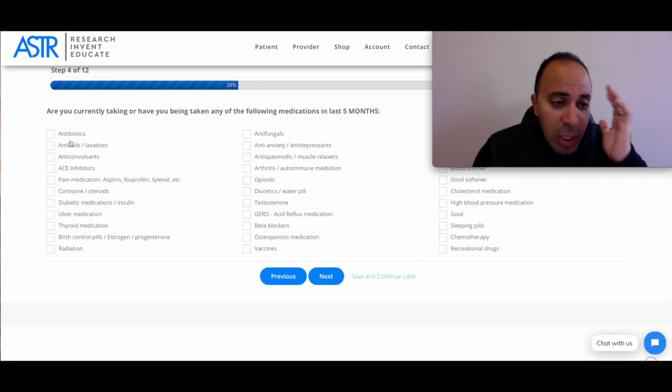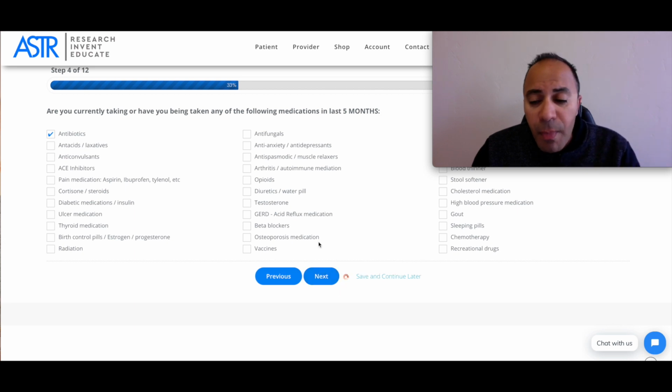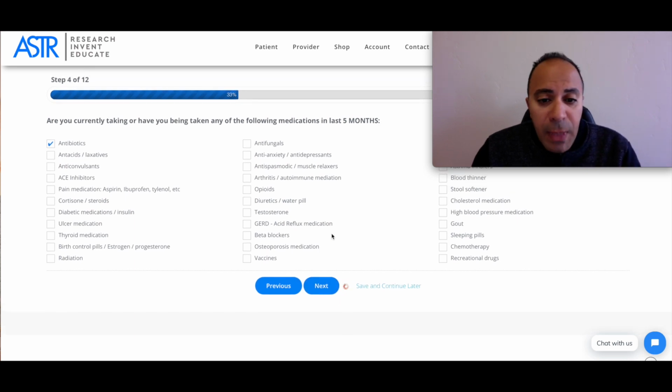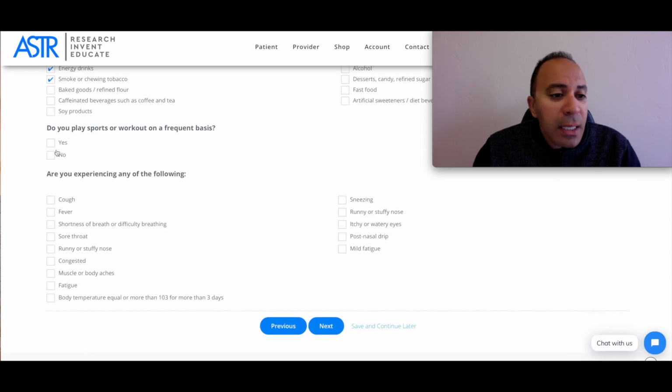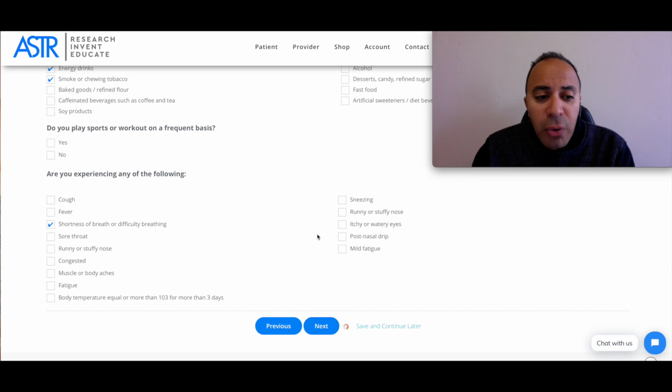If I'm taking medication, I click what kind of medication I'm taking, and it's very simple and easy to follow. After the first page of personal information, it's all simple clicks, and the software will guide you through the process.